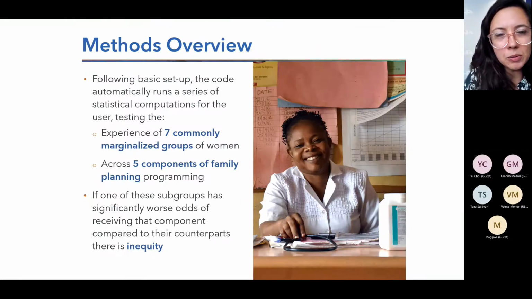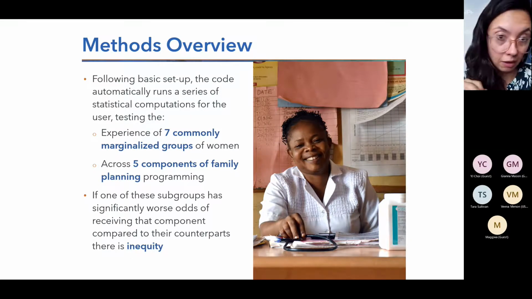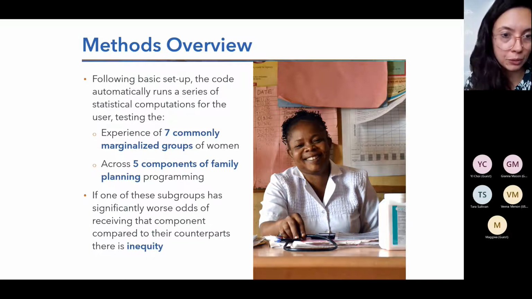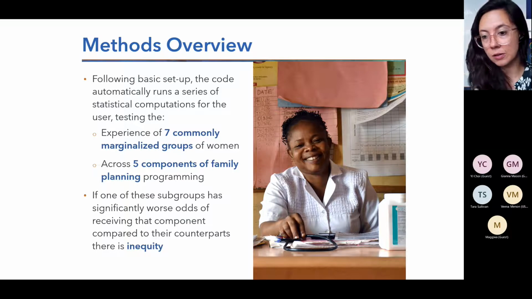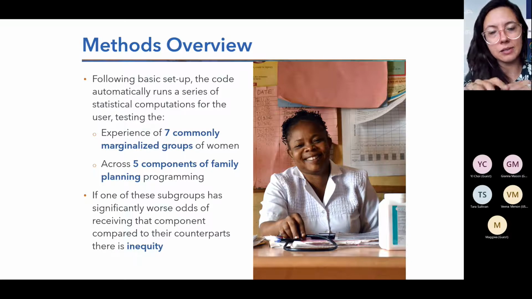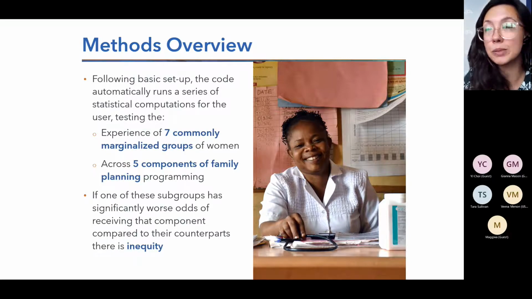So a little bit about the methods. How does the tool actually work? Well, following basic setup in R, the code actually automatically runs for you, and it essentially does a number of statistical computations that test the experience of seven commonly marginalized groups of women.